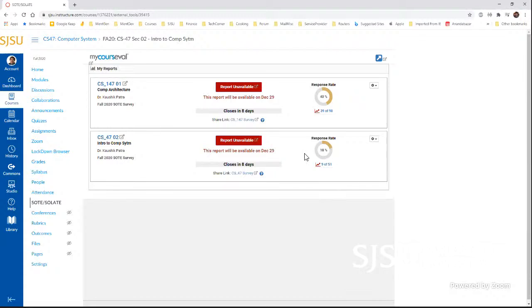So at this point, with 18%, it's about 1.8 you get out of 10. The more it goes up, the more points you'll get. For example, my other class has a 40% response rate so far, so they will be given 4 points for that.